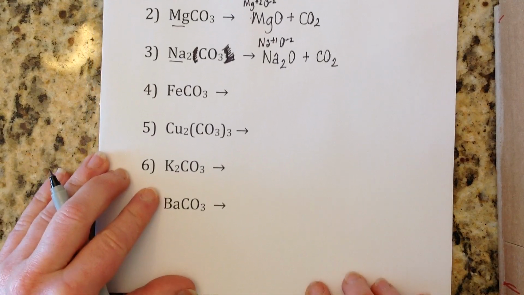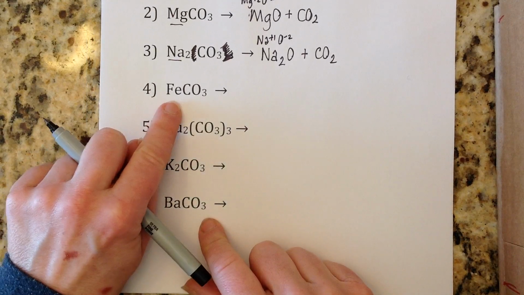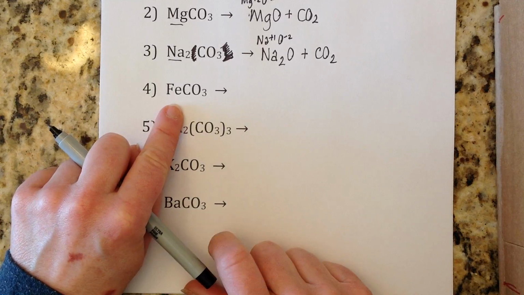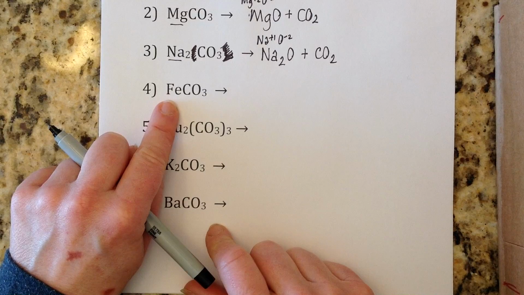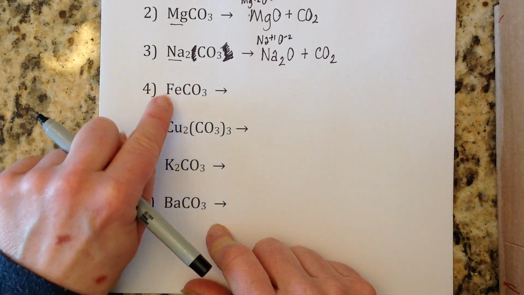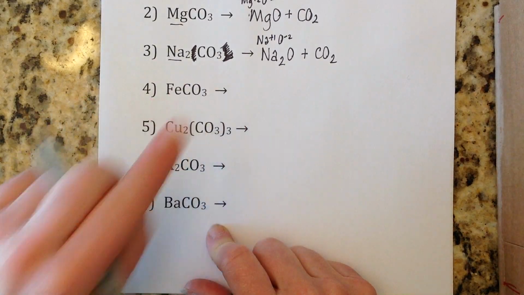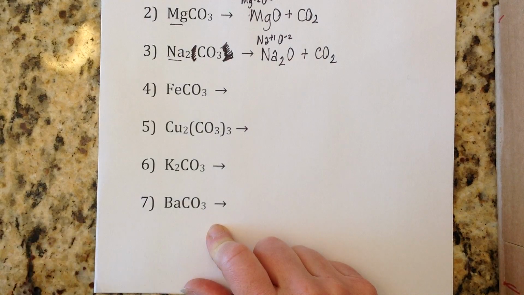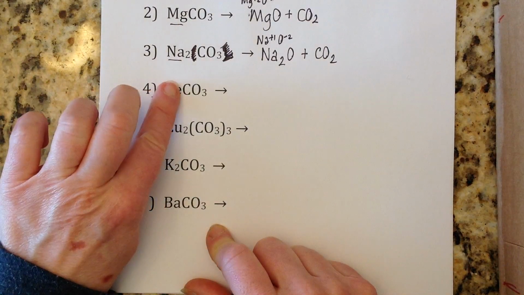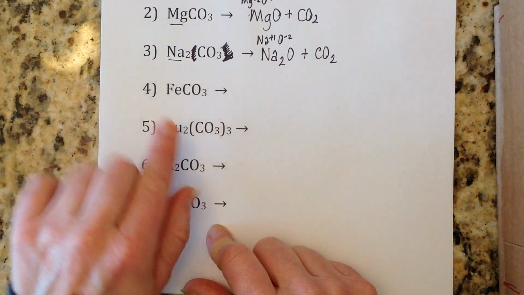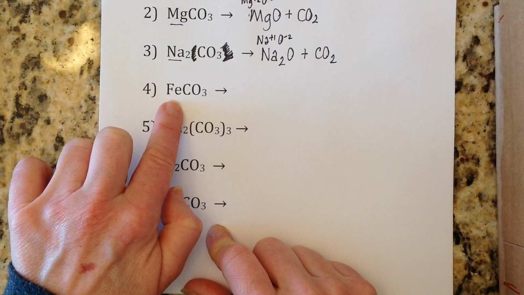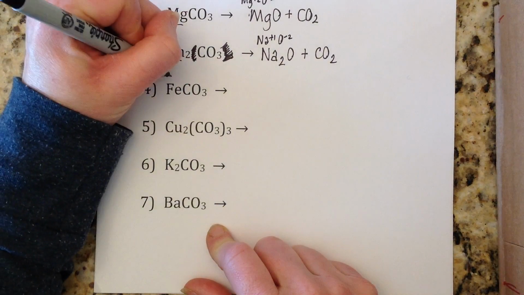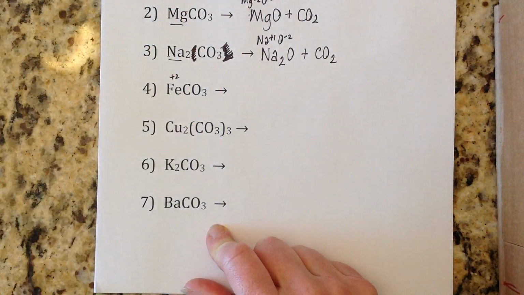Let's look at number 4. I have iron carbonate, but that iron is a transition metal. So I've got to figure out what the charge of that iron was before it was crisscrossed. I need to know that so I know how to crisscross that iron with oxygen. Now, carbonate has a -2 charge, and it's in a 1-to-1 ratio with this iron, so that tells me that this iron was a +2, and I'm just going to make a note of that right there so I remember.